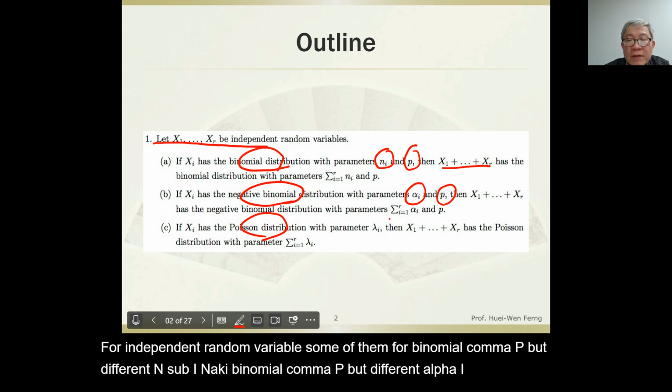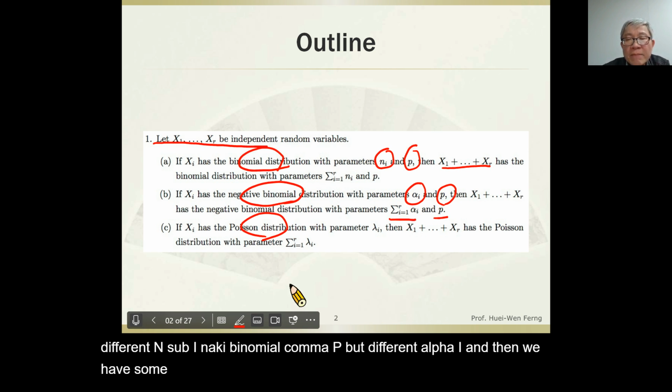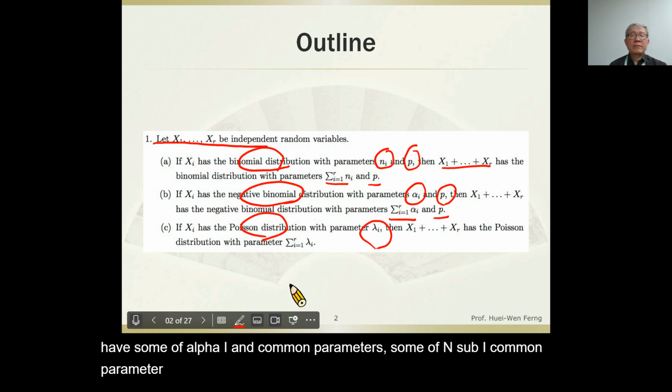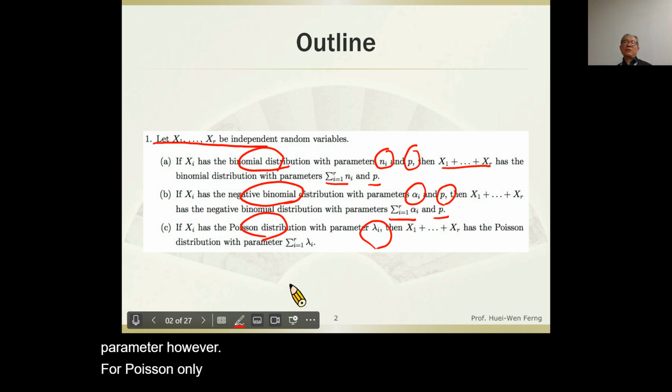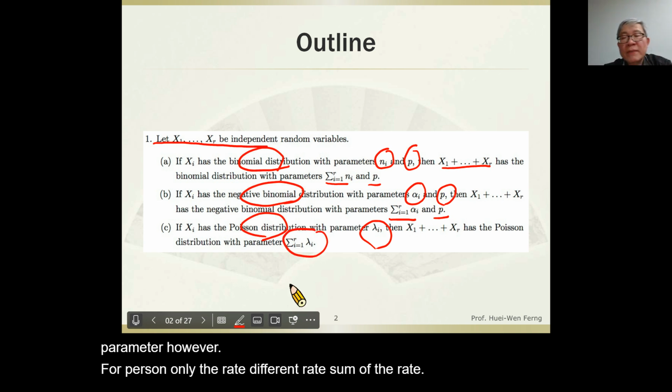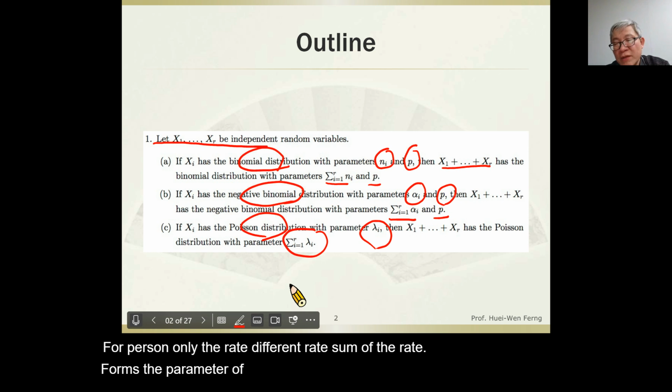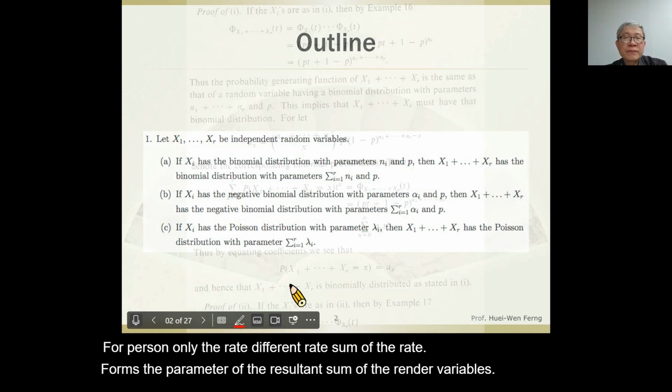Then we have the sum of alpha i and the common parameter, and the sum of n sub i and the common parameter. However, for Poisson, only the rate differs, and the sum of the rates forms the parameter of the resultant sum of the random variables. This is the first one.